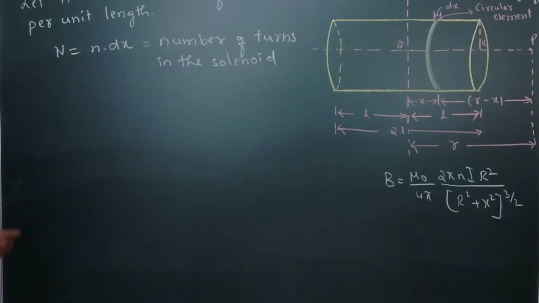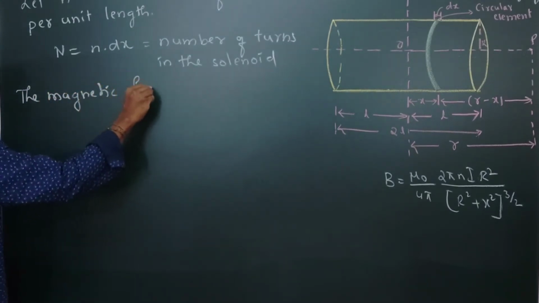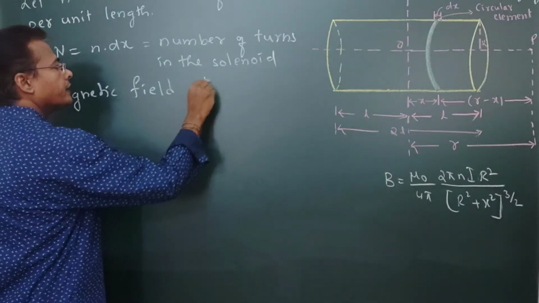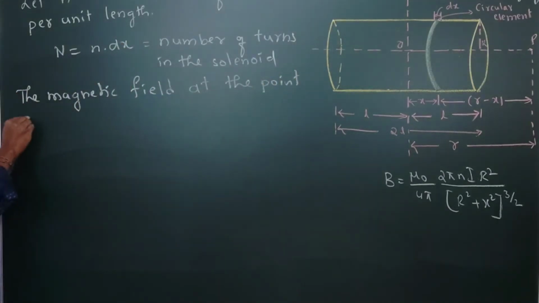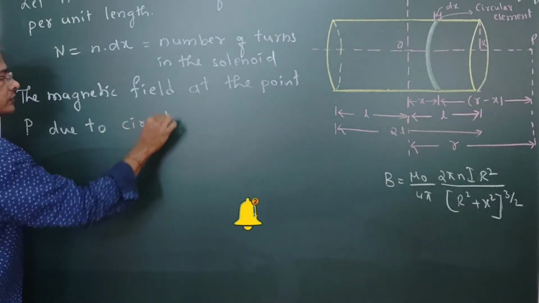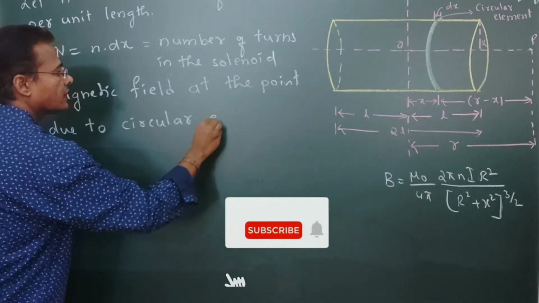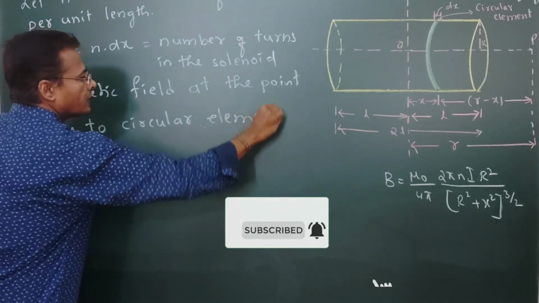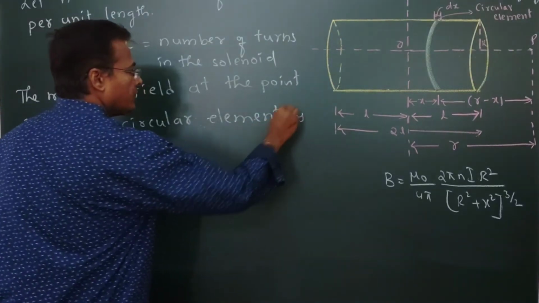So we can write down here: the magnetic field at the point P due to the circular element is.